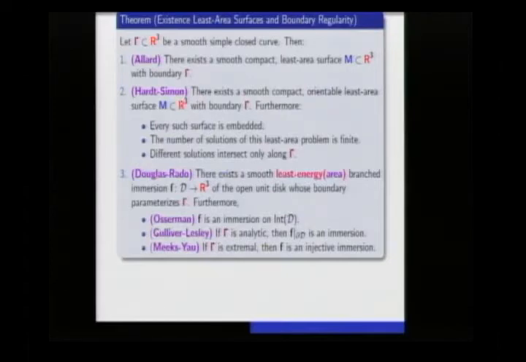And you have a similar idea, a little trick here, similar idea by Gulliver and Leslie. So that's when the curve gamma is analytic. When a minimal surface has an analytic boundary curve, it always extends past that analytic boundary curve.